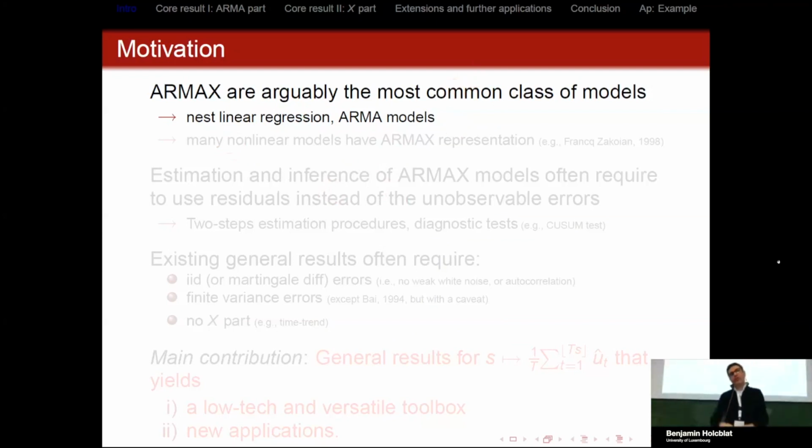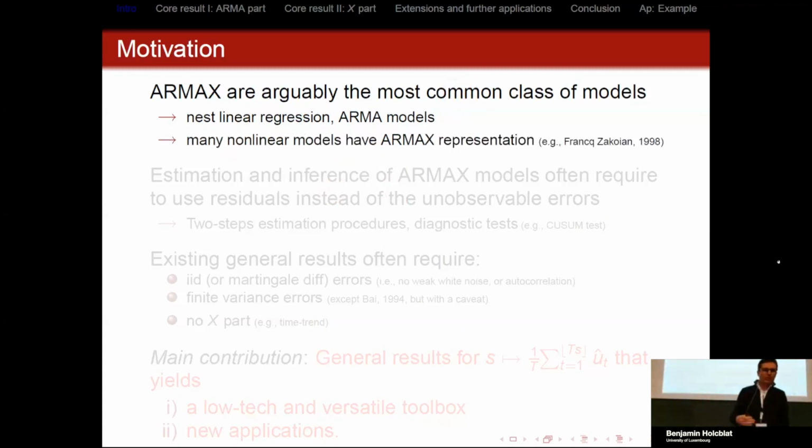It nests also VARMA models. You can write a VARMA model as ARMAX. Actually, many nonlinear models, including those with switching regimes, can have an ARMAX representation. So many models can be put into it. And here we don't restrict the model to be linear with respect to the covariate, so we can have it nonlinear. And actually, in the paper, we do something more general than ARMAX, we do triangular arrays of ARMAX.